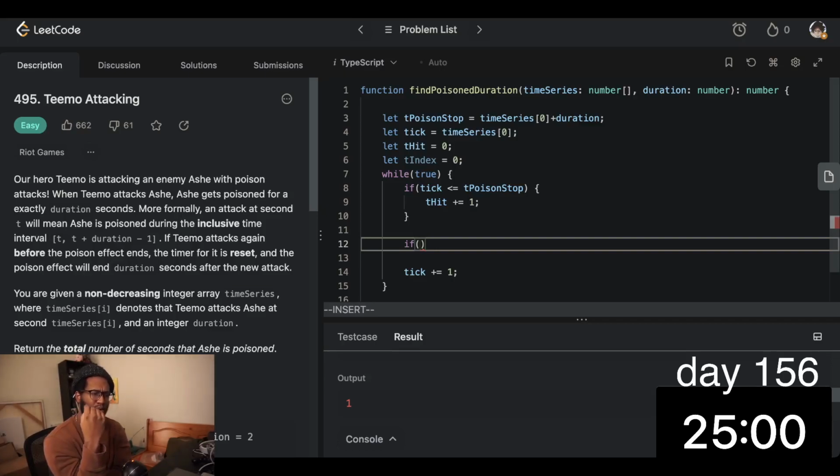Which makes sense. Now we want to think about this. Basically, we want to move the T index in time series up. When would we like to do that? We'd like to do that when our current tick passes the current time.